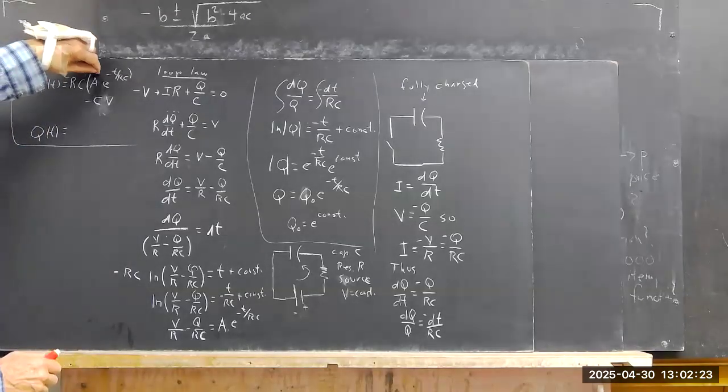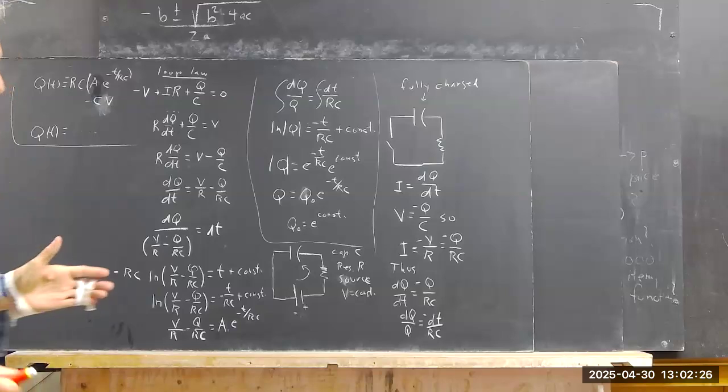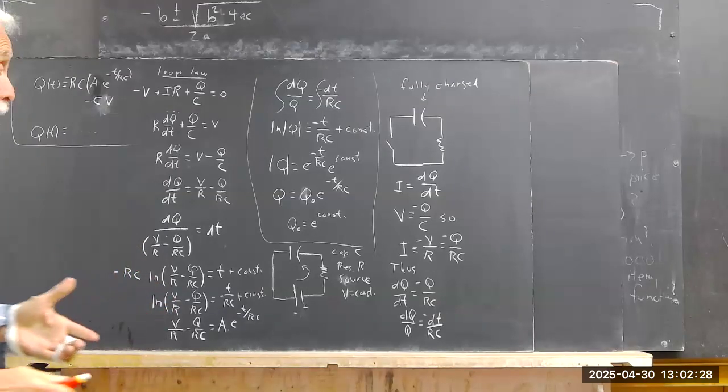Okay, so now RC times A can be anything, because A is an arbitrary constant.